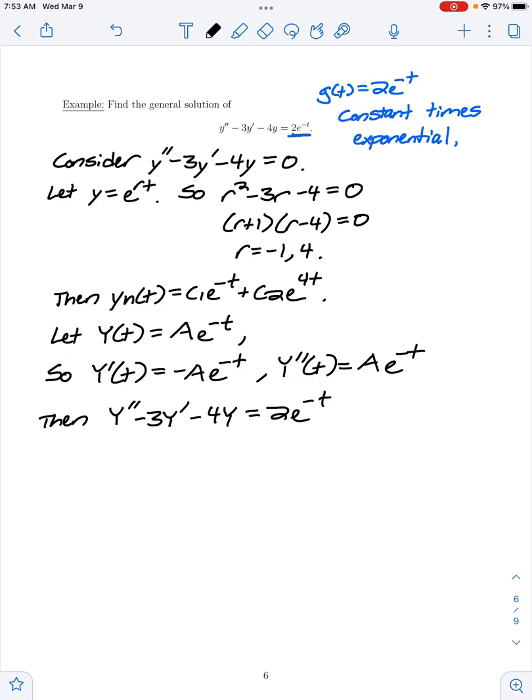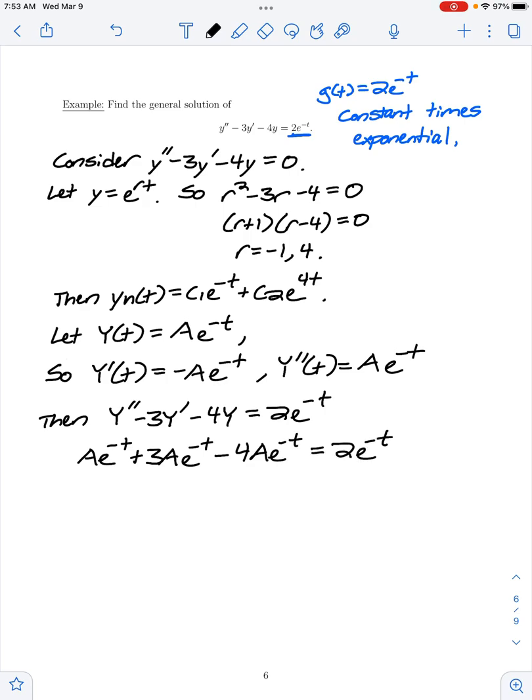So substituting our expressions into the left-hand side, we have a e to the negative t. For negative 3y prime, we get a positive 3a e to the negative t, and then minus 4 times y, which was a e to the negative t.